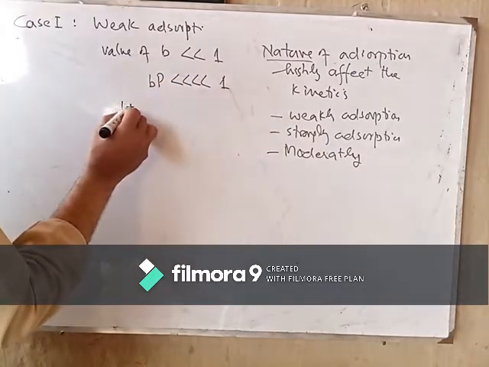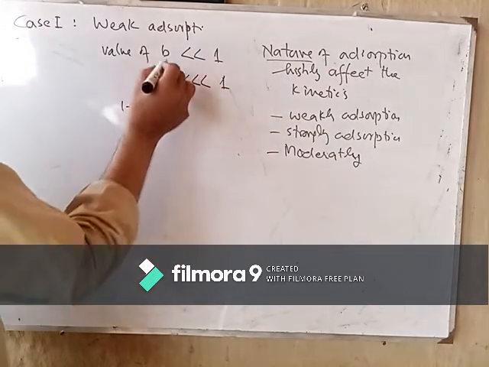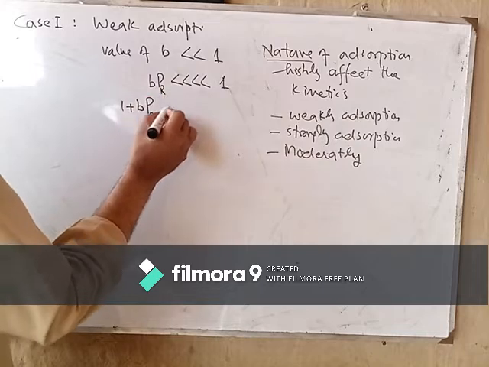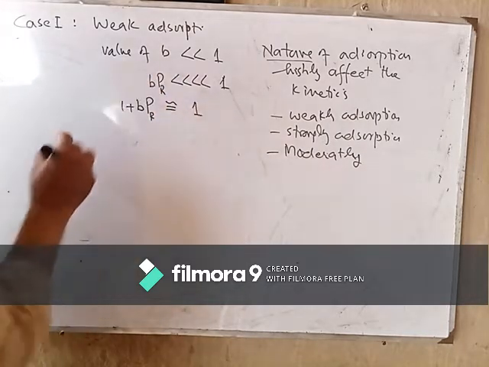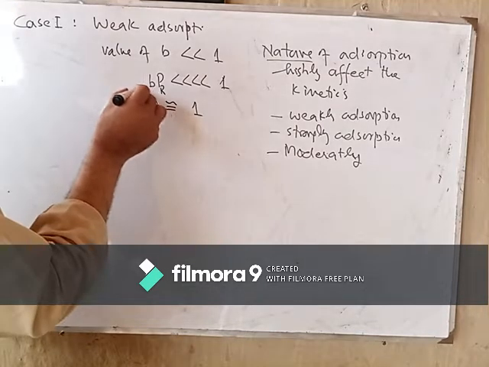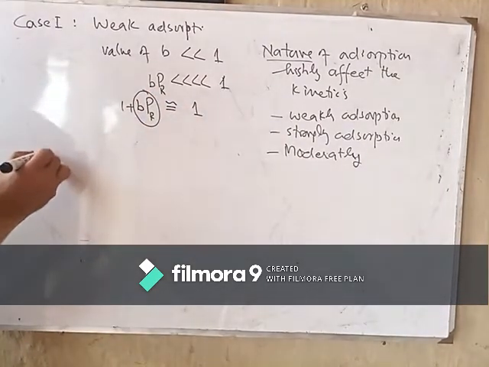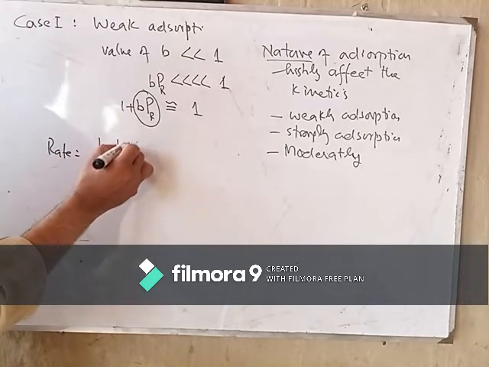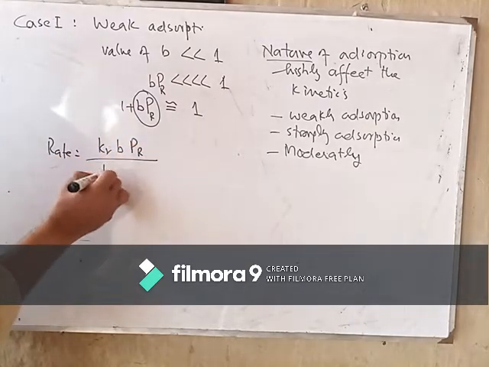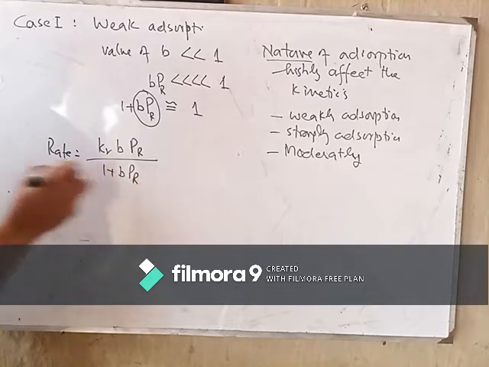So 1 plus B PR would be taken as equal to 1. यानी B PR को हम ignore कर सकते हैं denominator में. हमारे पास rate equation क्या है, rate is equal to KR B PR over 1 plus B PR. This is the rate expression.